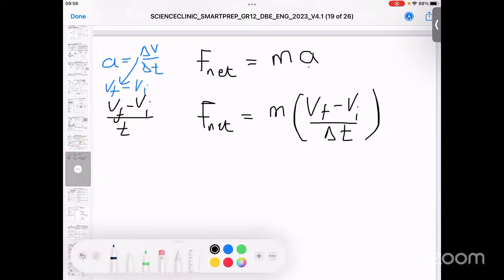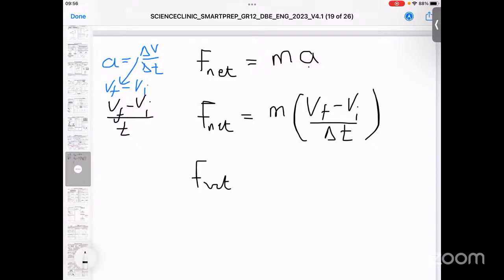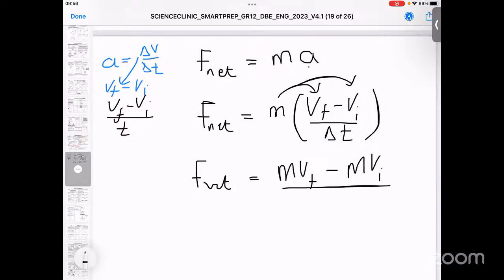Then as we continue, F net will be equal to, can we not do that by that, where we have MV final minus MV initial over a change in time. I think you would agree with me on that one, honorable member.